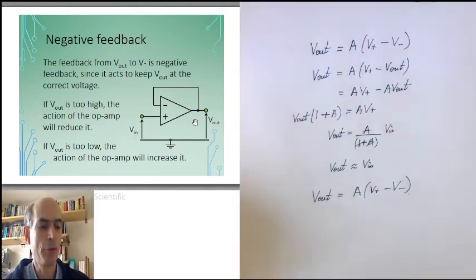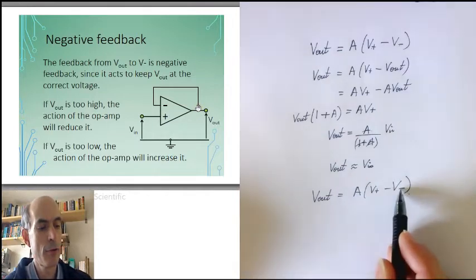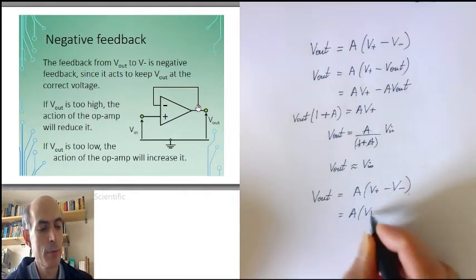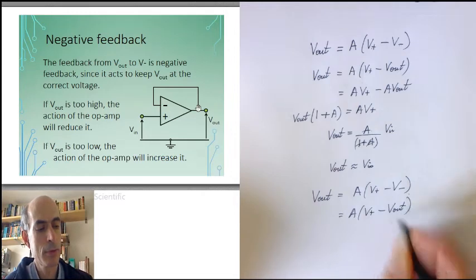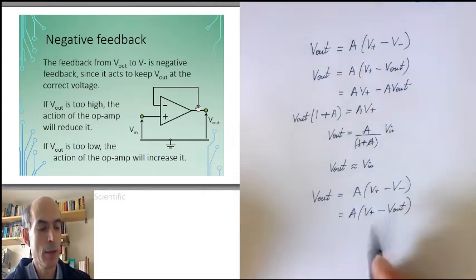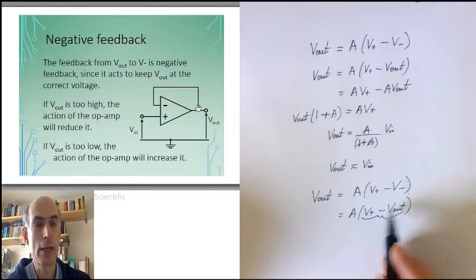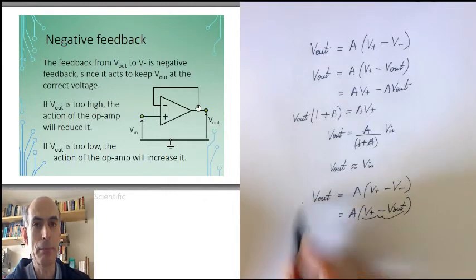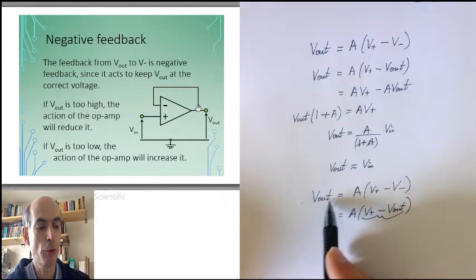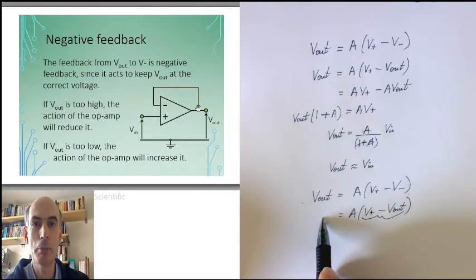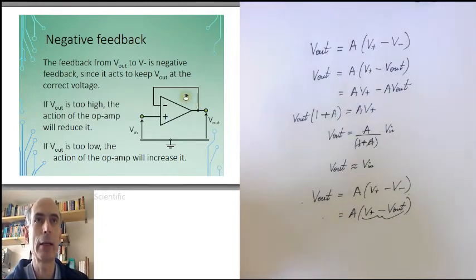If anything happened such that Vout became slightly too big, a bit of noise or something in the circuitry, so Vout became slightly bigger than Vin, then if Vout increases, then Vin minus Vout will decrease, which will mean Vout will head back down again. It's being pulled back to its stable equilibrium point by the action of the negative feedback.